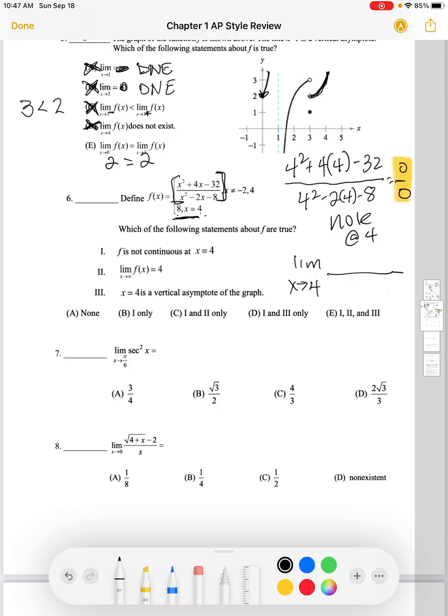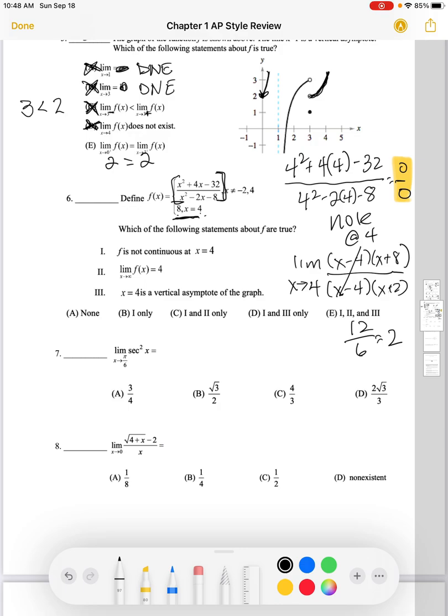So the bottom is going to factor to x minus 4, x plus 2. And in the top, it's going to factor to x minus 4, x plus 8. So the x minus 4's cancel. Direct substitution here, 4 getting plugged in, 12 over 6 getting plugged into the bottom is going to end up giving me an answer of 2.